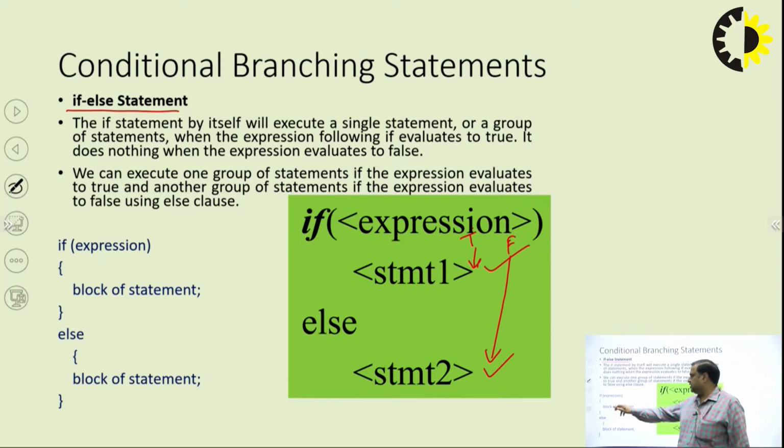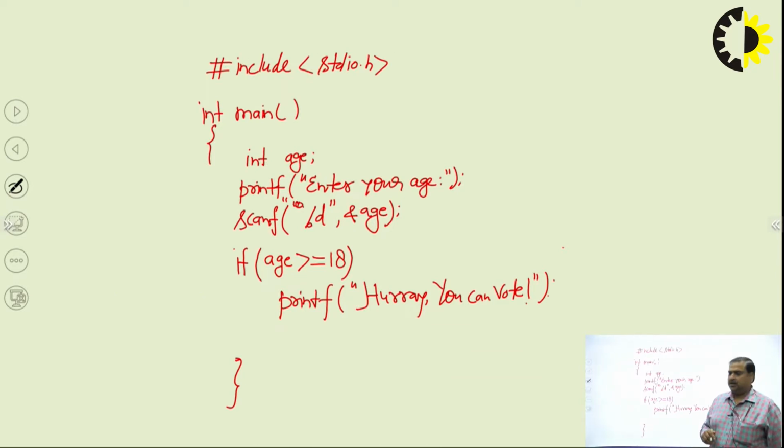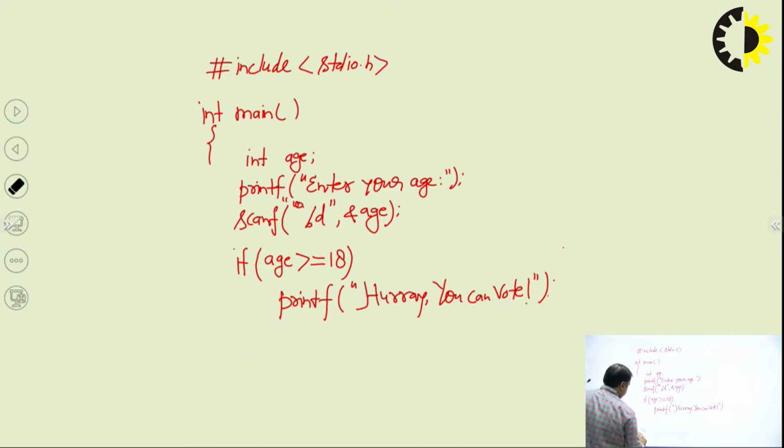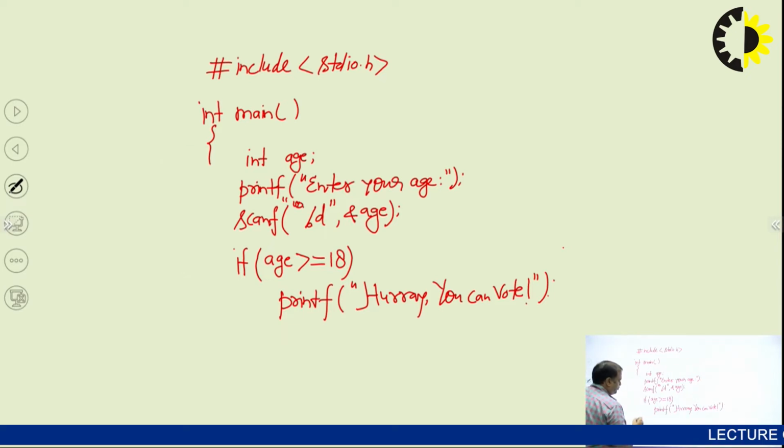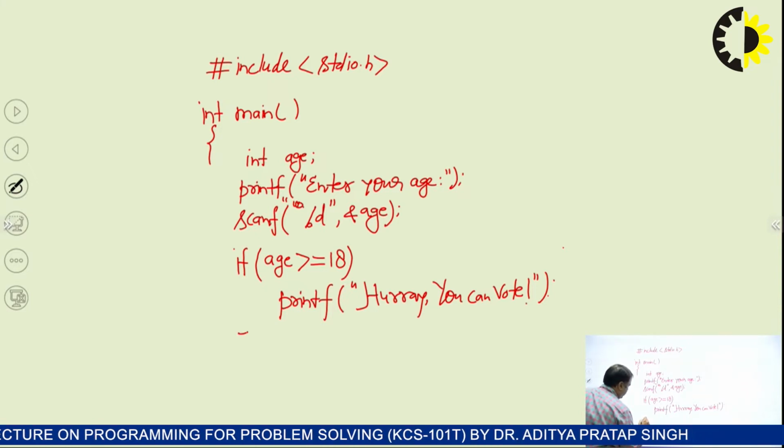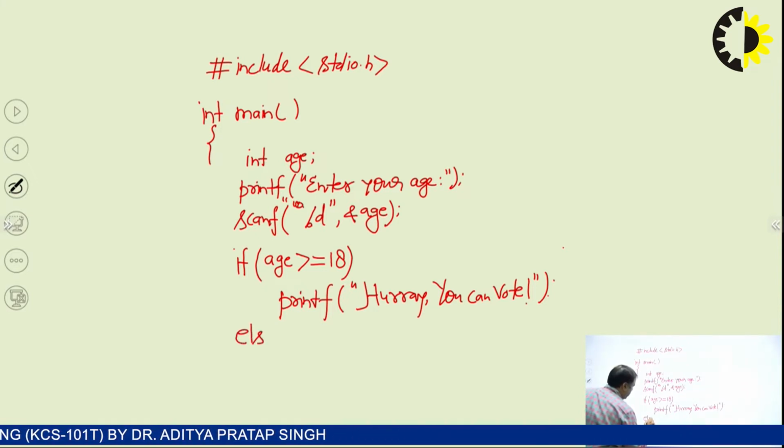Like if expressions, one block of statement will be executed, else another block of statement will be executed if the condition is false. So, let us change our previous program into if else construct. Okay. So, now if the age is not greater than or equal to 18, then we will use else.